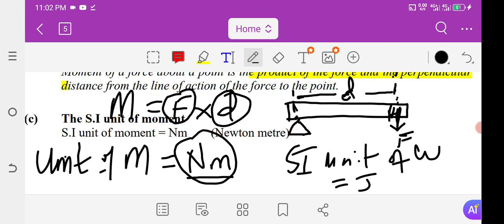So when you obtain your work done in Newton meter, remember to convert it into joules. If you are calculating work, you stop on joules. If you are calculating moment of a force, you stop on Newton meters.